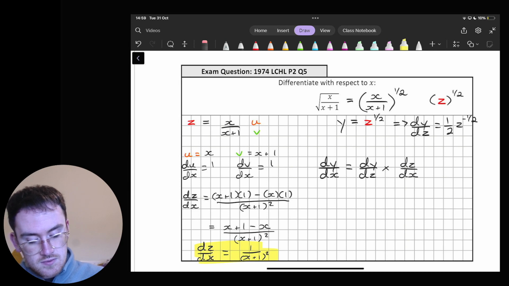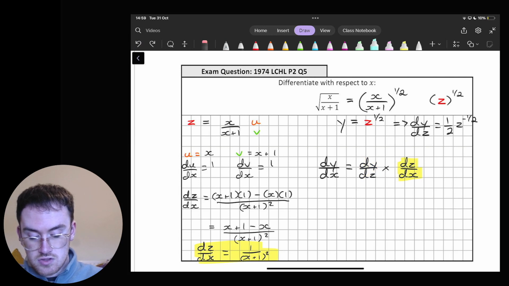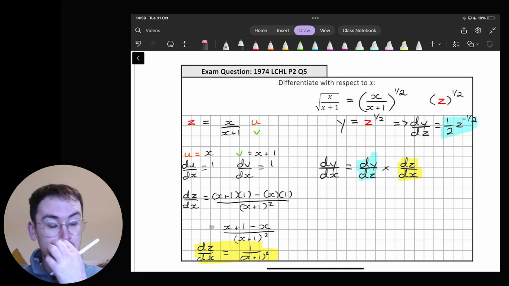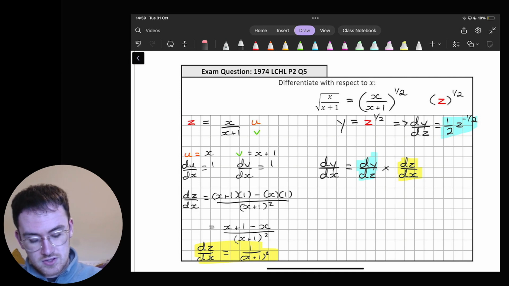Okay, the only reason I've used z for that substitution is just because I knew I was using the quotient rule, and in our quotient rule we use those letters of u and v. So I thought it would be more confusing to use u, so we just called it z instead for our chain rule there. So dy dz was a half z to the power of minus a half times dz dx, which is 1 over x plus 1 squared.